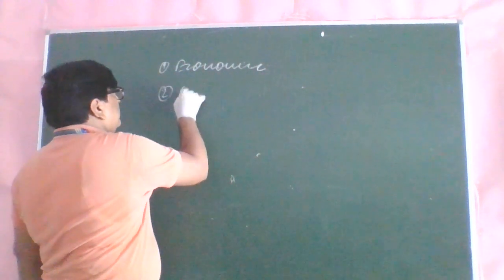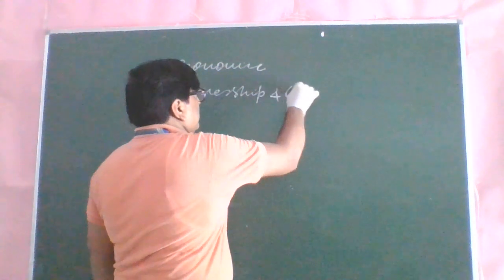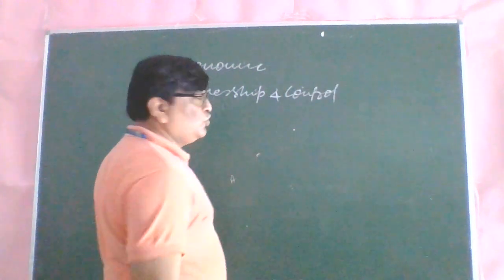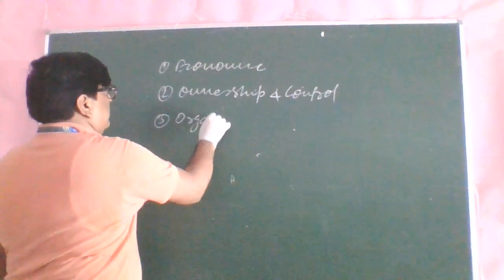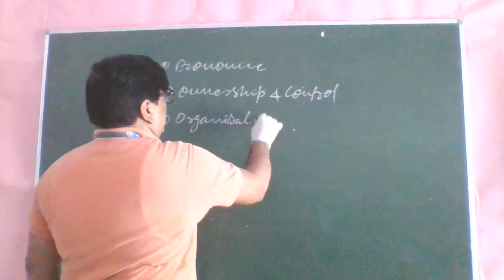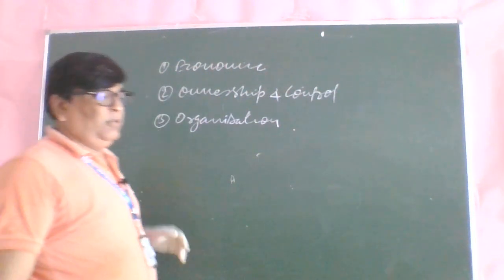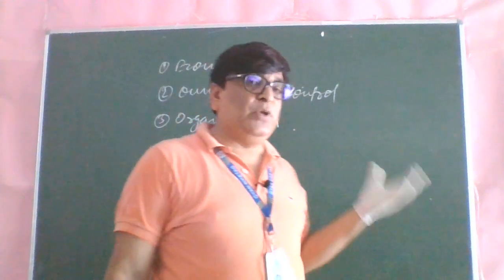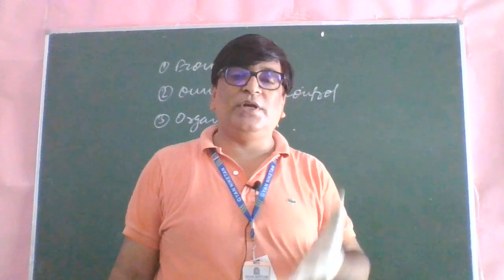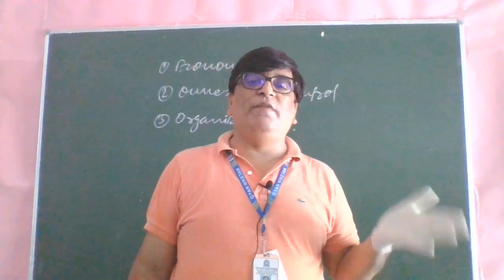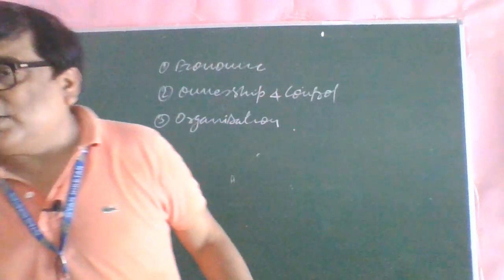Another is ownership and control, and another is organization of economic activities. One is economic activities performed, like sectors. When you talk of the primary sector, secondary sector, tertiary sector, primary economy, secondary economy, tertiary economy; ownership: private, public and joint; and organization means organized and unorganized.